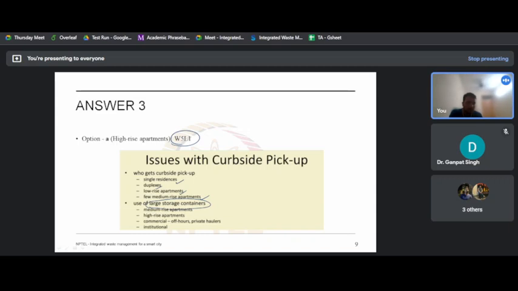There will be a designated place for the waste container where people go and deposit the waste, or there will be designated personnel who will collect the waste from all the houses and put it in the large storage container. This is done for medium-rise apartments, high-rise apartments, and commercial and institutional places. Quite obviously, commercial and institutional places will have more waste generation because more people are using the facility, so they will require large storage containers.